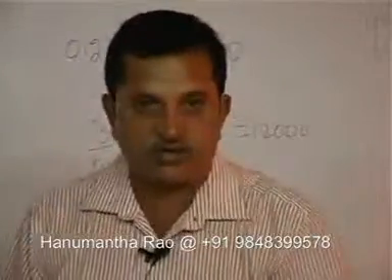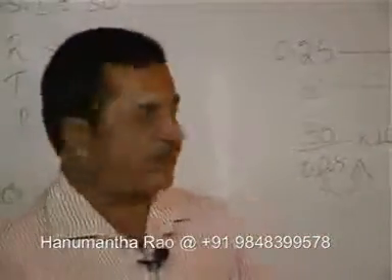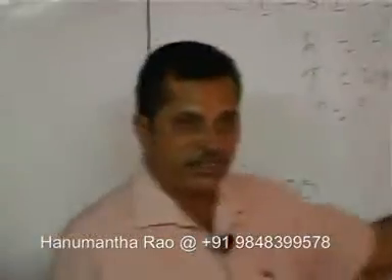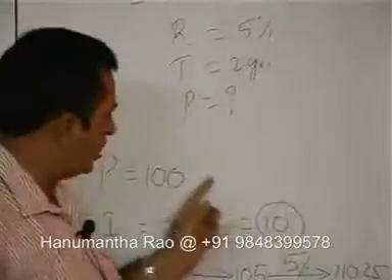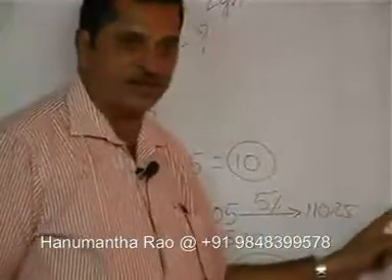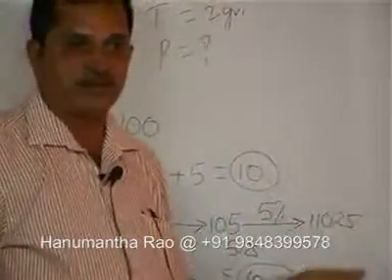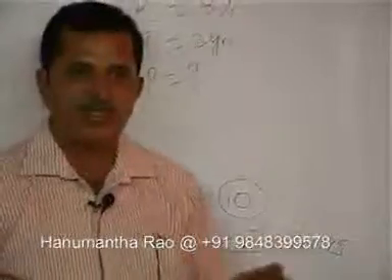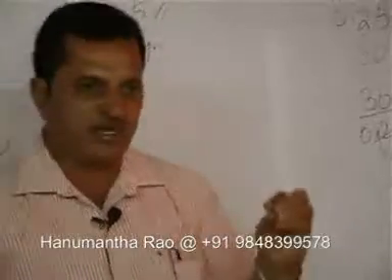For 3 years period, this formula will not work out. If at all 3 years period is given, you go with this calculation. Another year means another 5 rupees here. Again 110.25, again 5% on this. Difference you take. Understand?